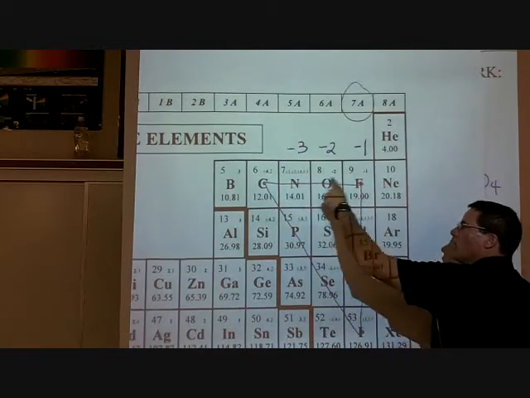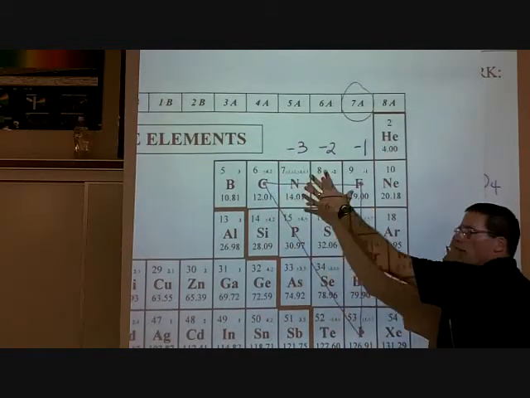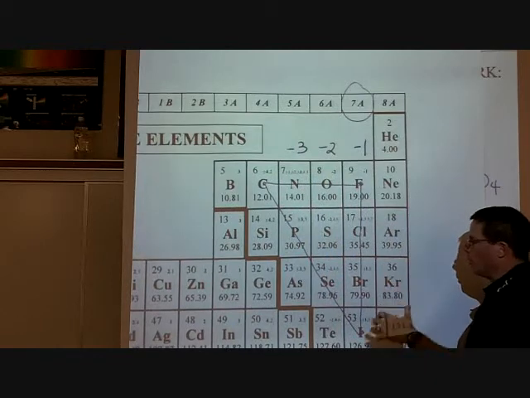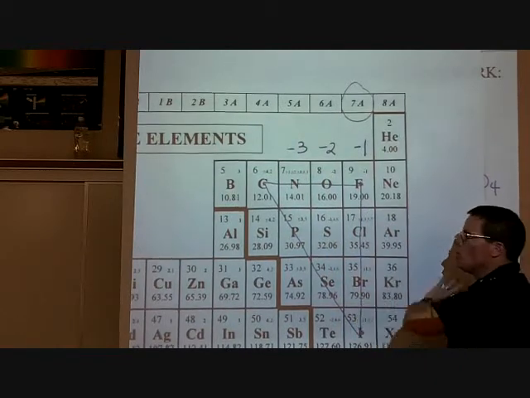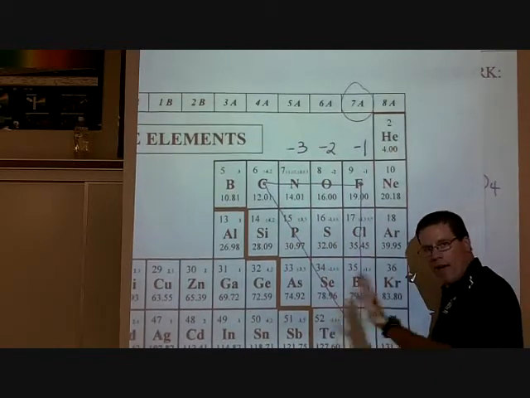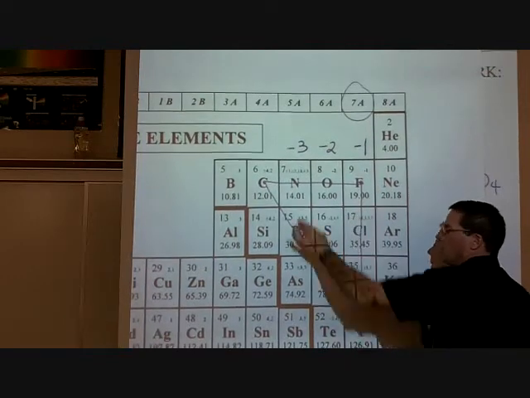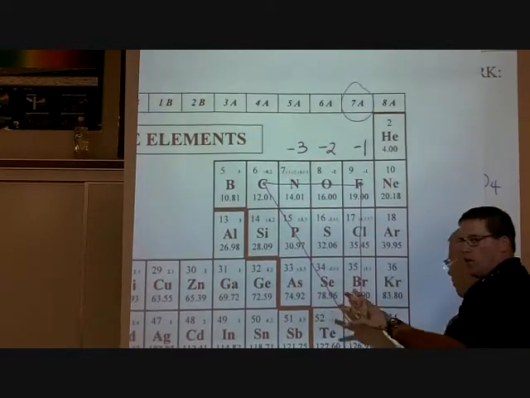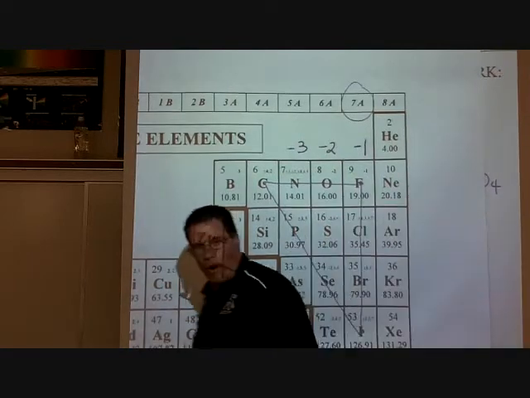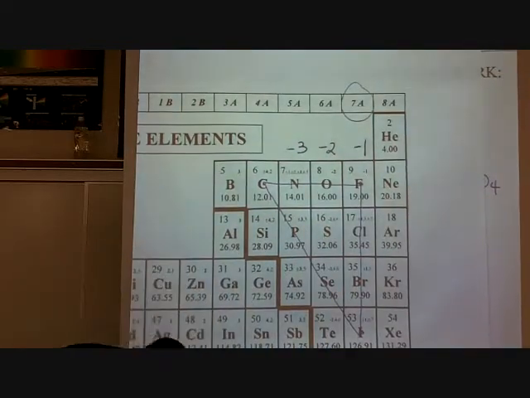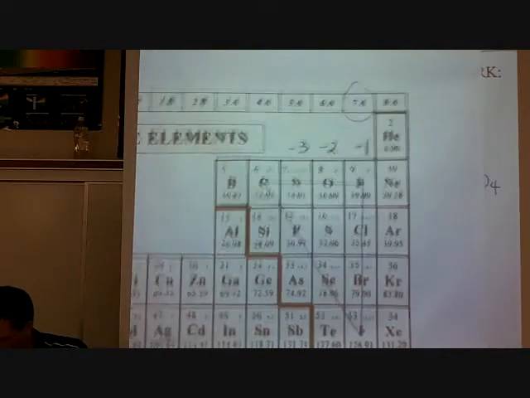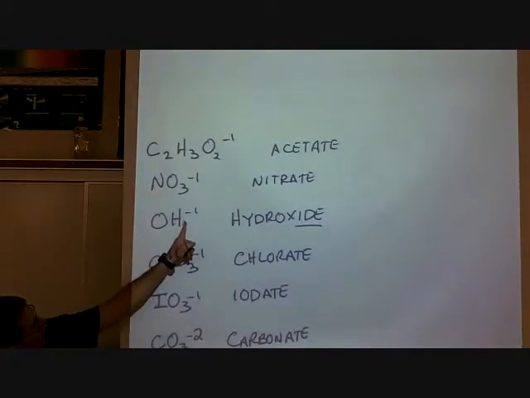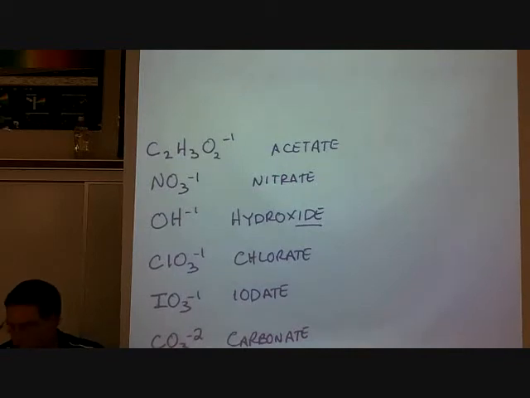Only these things are our nonmetals that we drop the last syllable or last 2 syllables and add IDE. You never do that to hydrogen, ever. So these are the only things that we drop the last syllable or last 2 syllables and add IDE. Hydroxide doesn't fit the bill for our nonmetal triangle because it is a polyatomic. So since it's a polyatomic, it gets the right to have that goofy name.